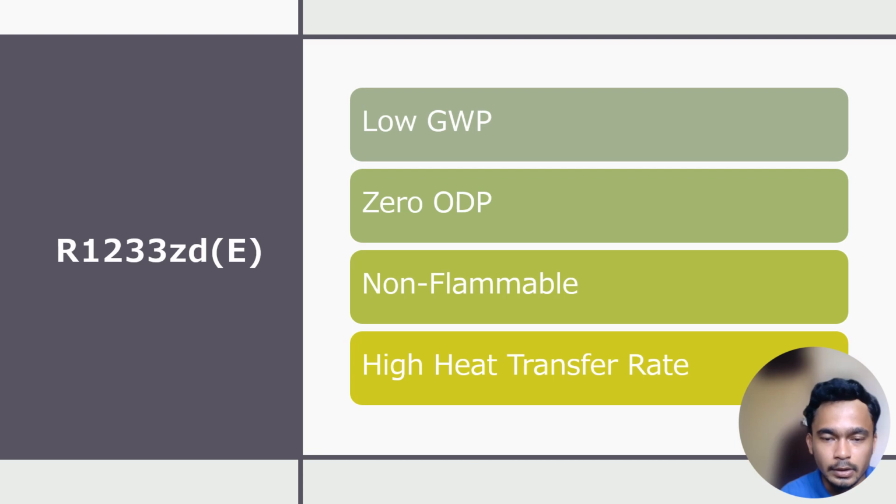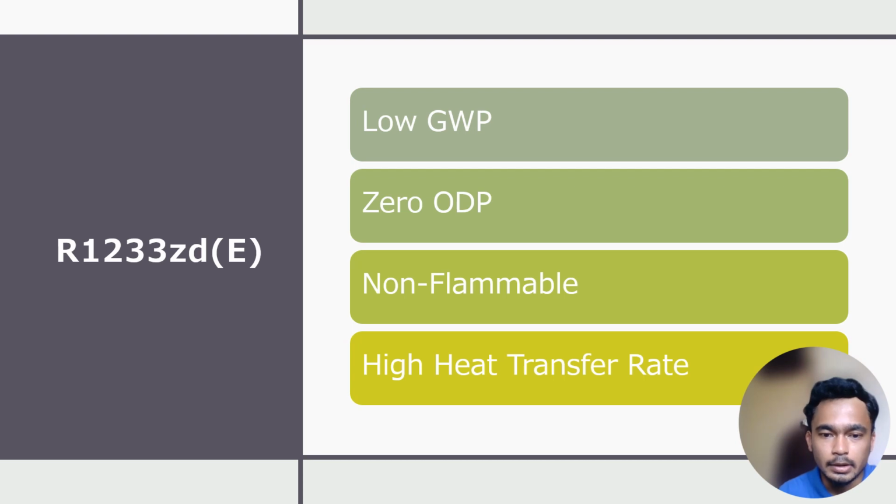Its significant features are the low value of GWP and also zero ODP. These two features themselves offer good traits of the refrigerant, meaning that they can be applied to chillers without having significant negative impact towards the environment and also the ozone.